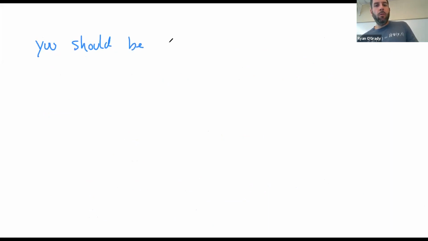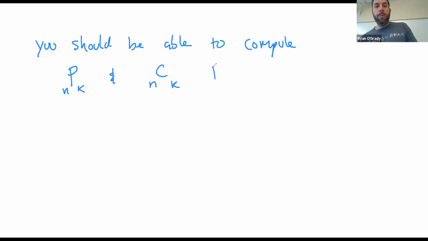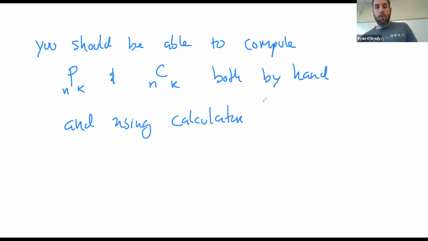You should be able to compute P sub n, k permutations and combinations n, k, both by hand and using a calculator or software. It's not hard to do it. Google will do it for you. That website, Wolfram, you could probably just Google permutation calculator, combination calculator. It's easy.